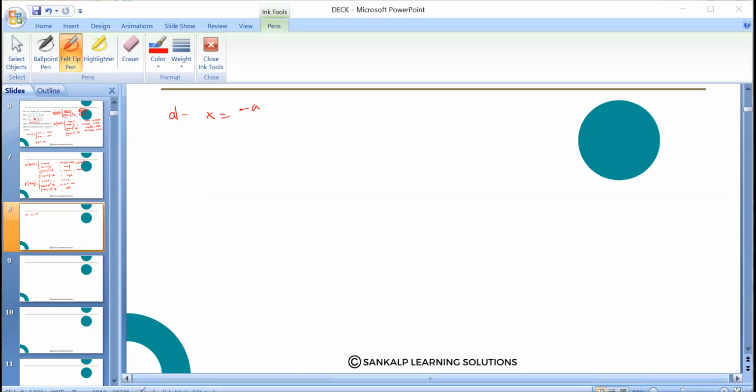Left limit is minus a plus a plus 1. And right limit is 1 plus b. So we get b equal to 0.